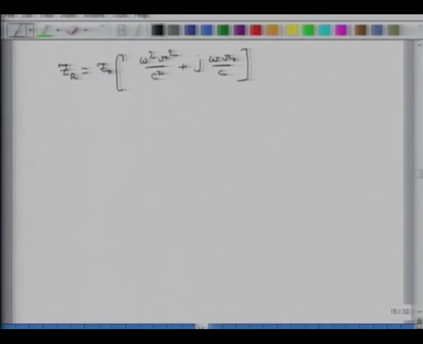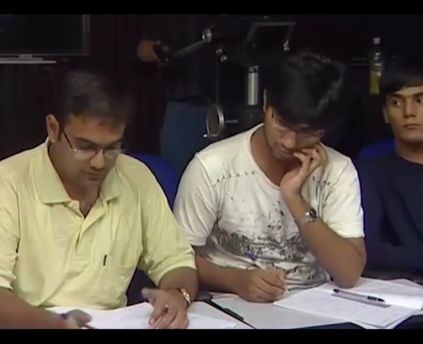We are assuming that omega is very small, because only then these relations will apply. Why? Because if we do the exact match, there is an omega square R naught square term in the denominator.